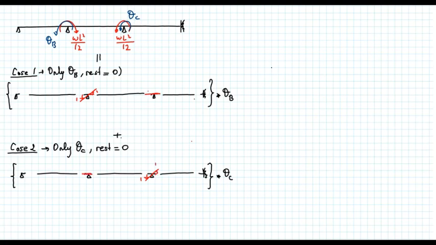So basically, when I multiply this with theta C, I will obtain this rotation. So that's why the rotation here is in the counterclockwise direction. When I multiply this by theta B, I should obtain this rotation. I have a counterclockwise moment here.